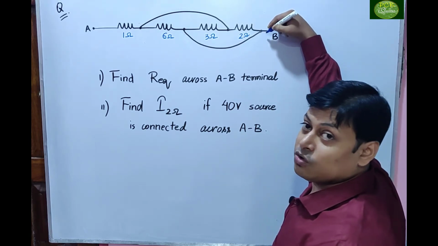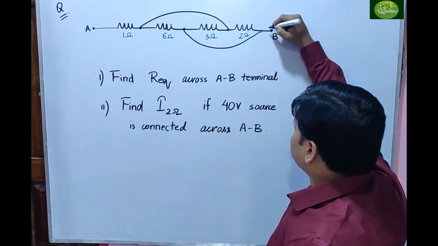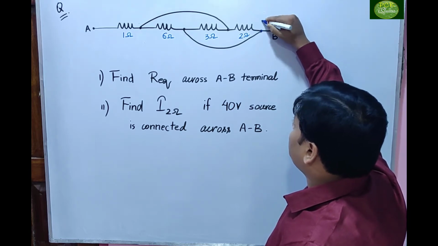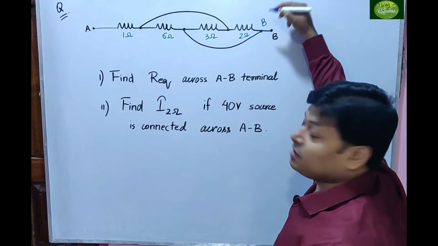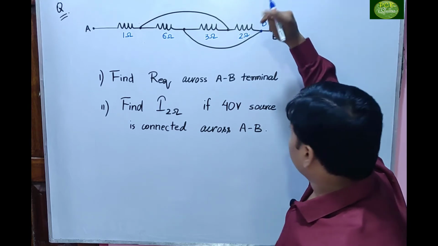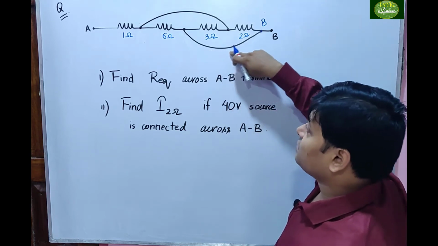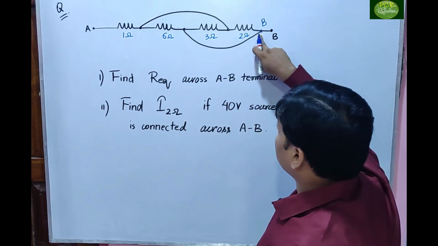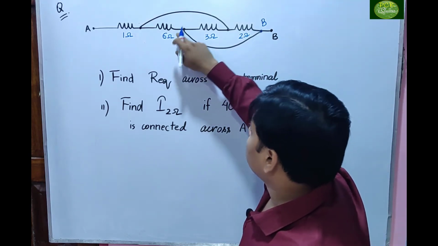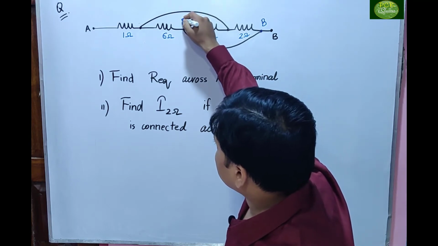Any resistors? No. That means if this is the point B, then this point will be also B. Right? Now see here. Is there any resistance in this one? No. That means the direct line is connected here. So can I say this point is also B?